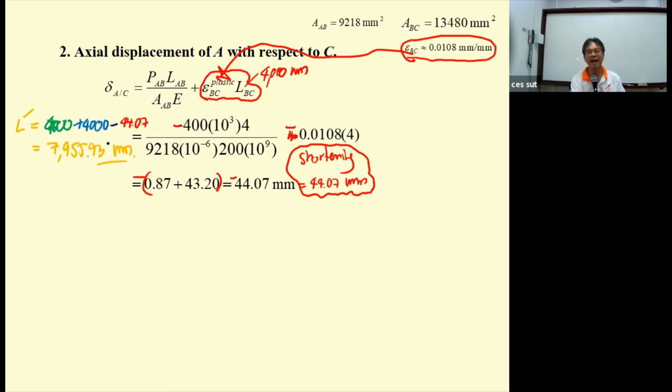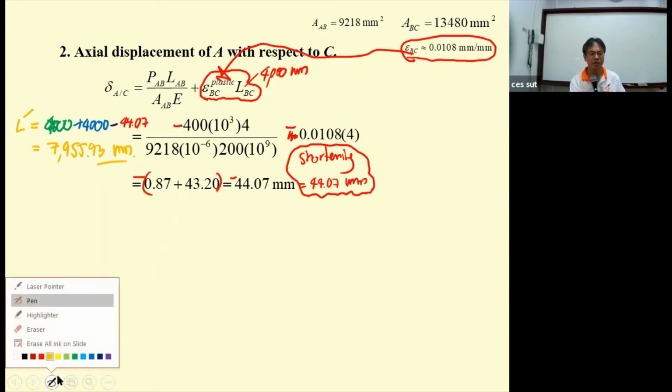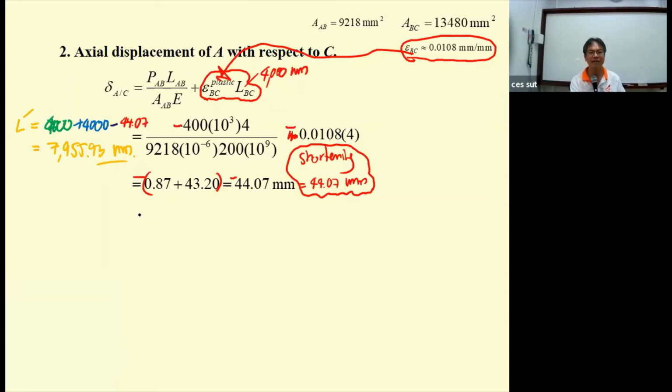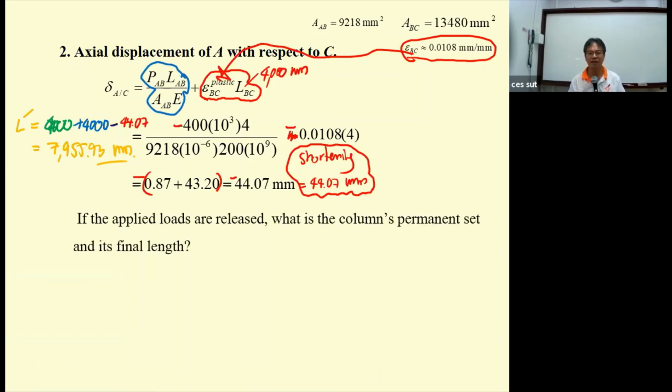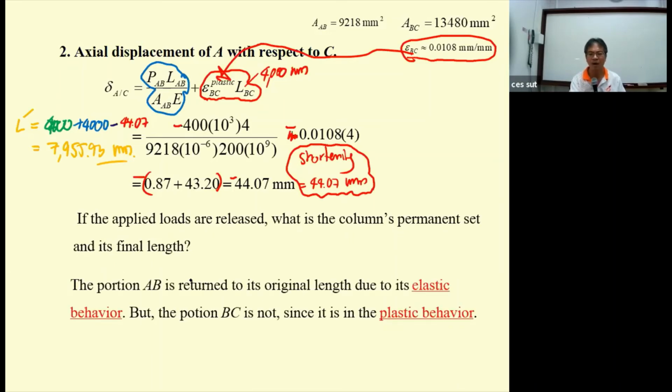Okay, and then when we release the force, what we have is this one is elastic. When we release the forces, the segment AB of the column has the elastic behavior, and will return to its original length.